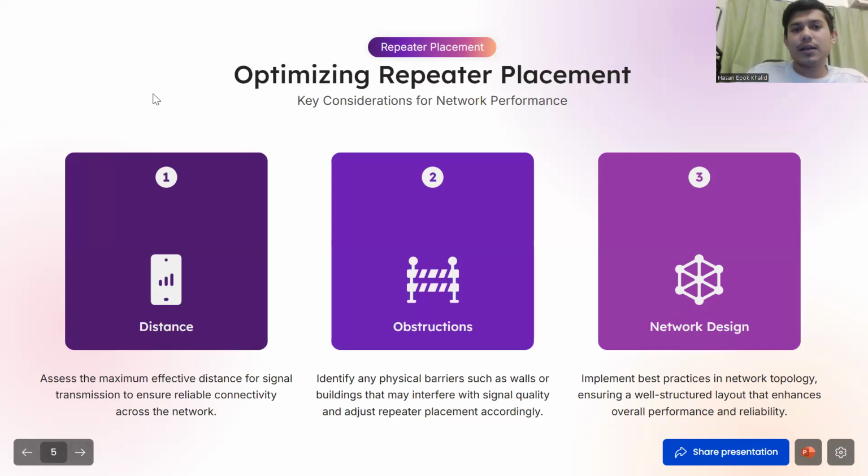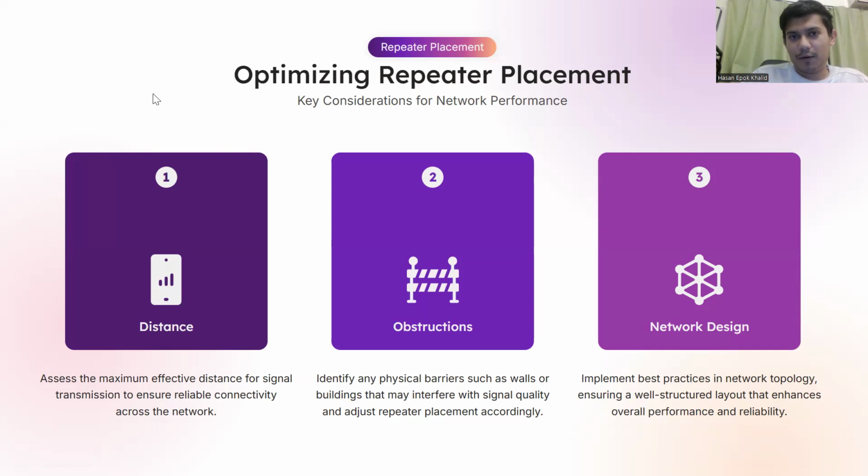Okay, now let's consider network performance of repeaters. Repeaters determine the maximum effective distance for signal transmission to ensure reliable connectivity across the network. In case of obstructions, identify any physical barriers such as walls or buildings that may interfere with signal quality and adjust repeater placement accordingly.